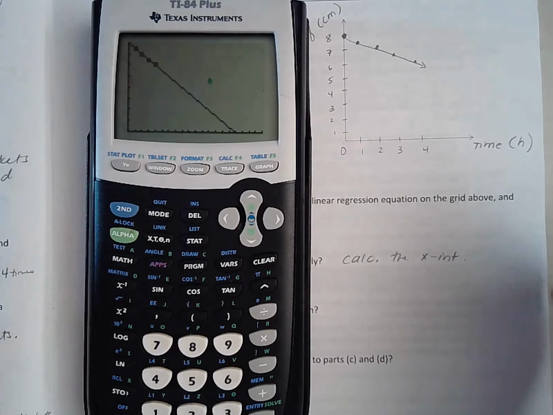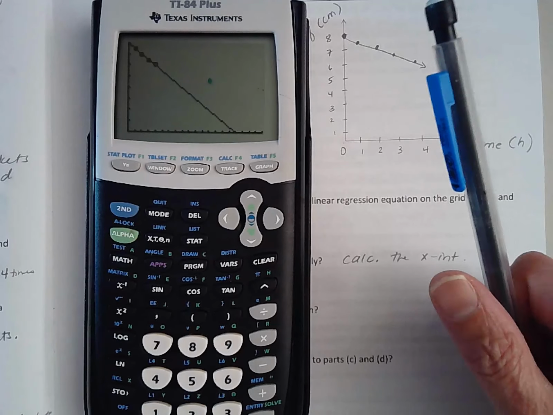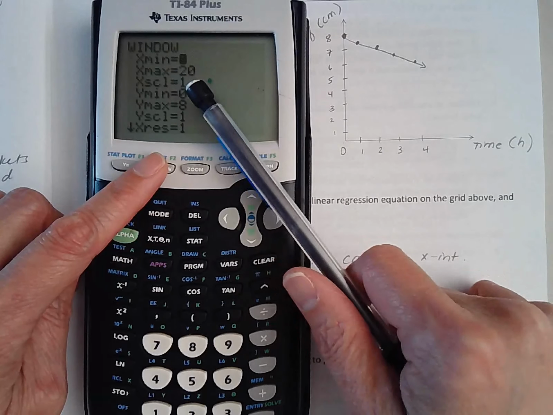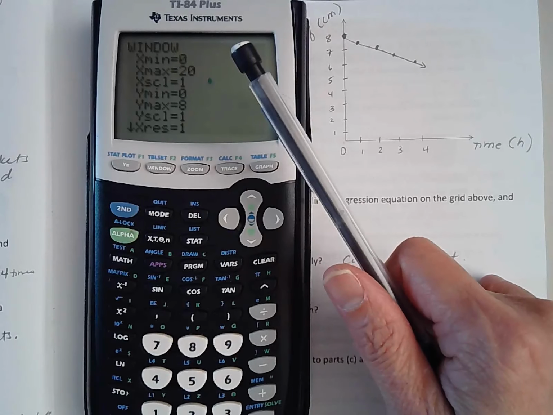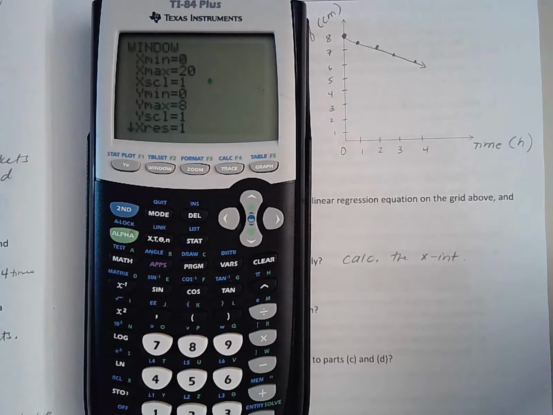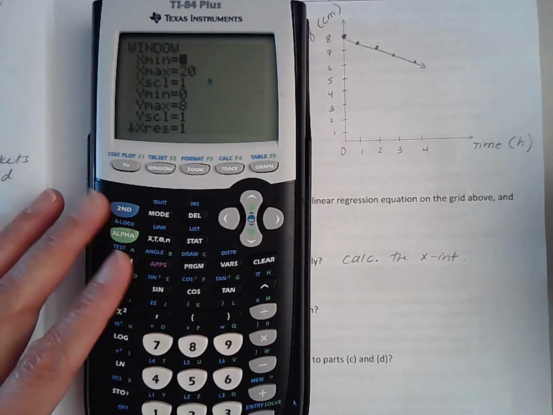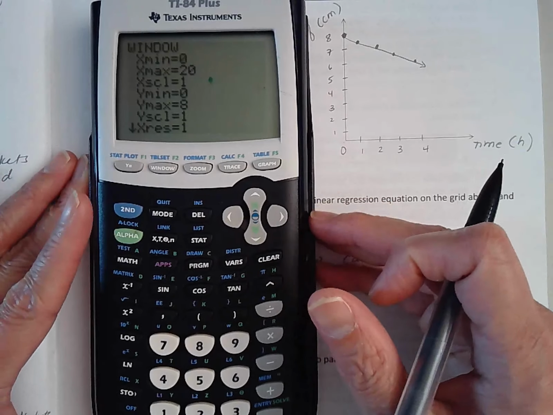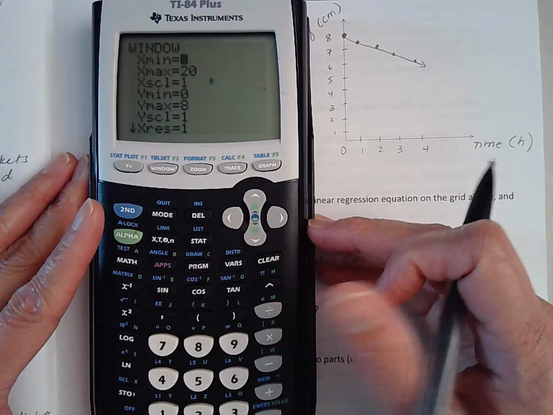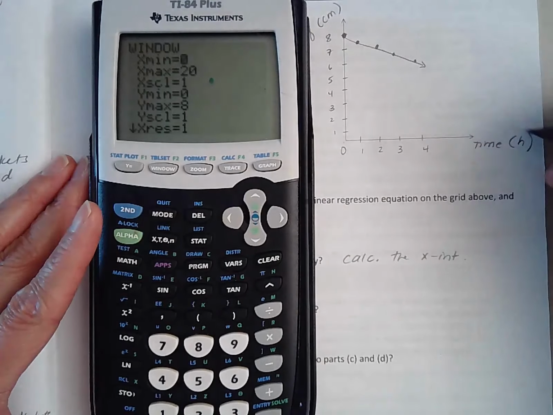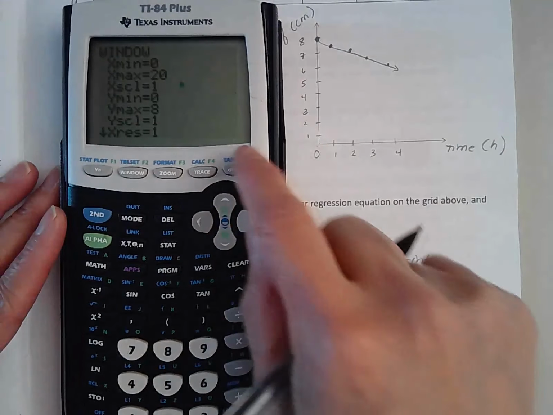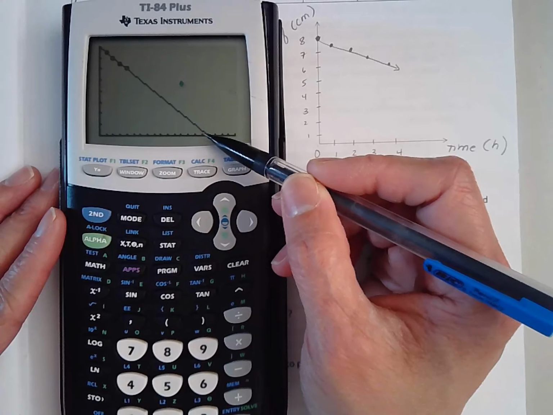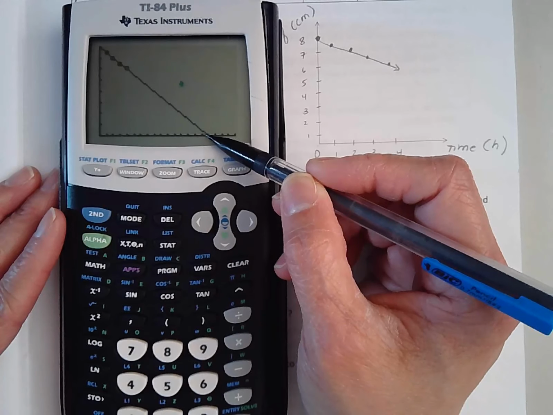So we change the x max to 20 so we can see where it's gonna go, right?